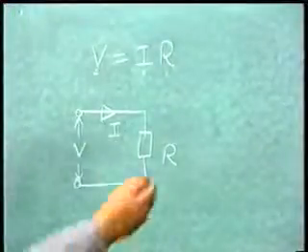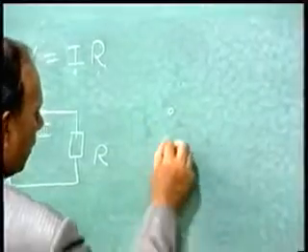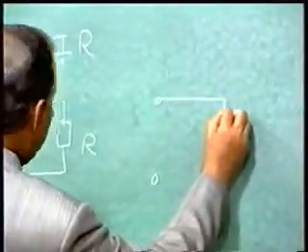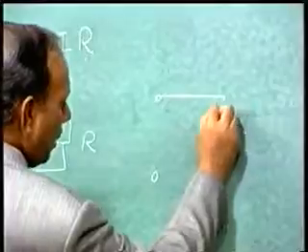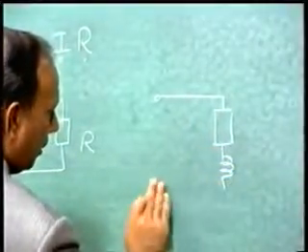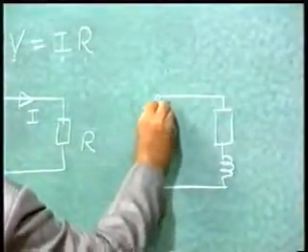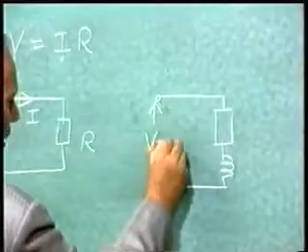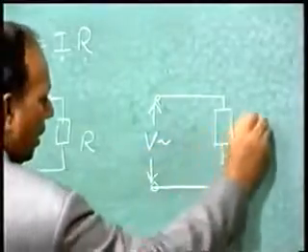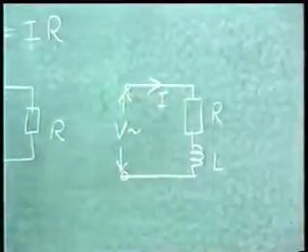Now I draw a circuit, say a resistance and a reactance, with a voltage V here, R and L. Now what will be the equation?